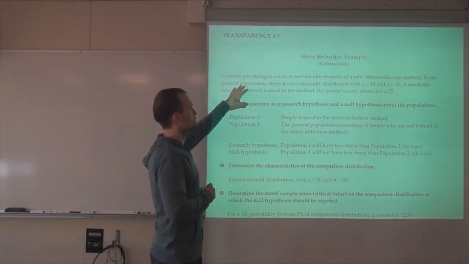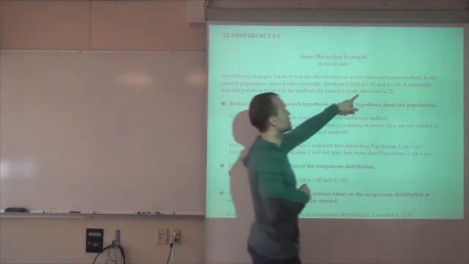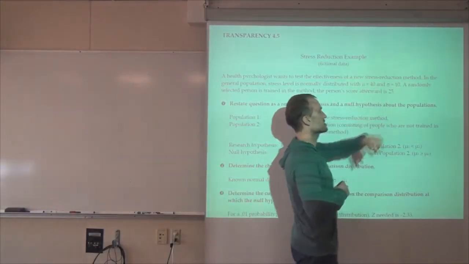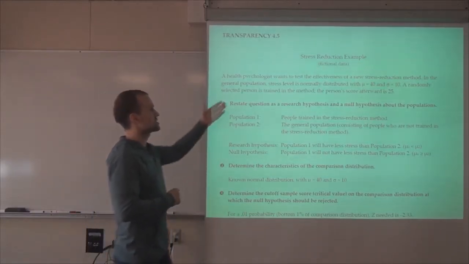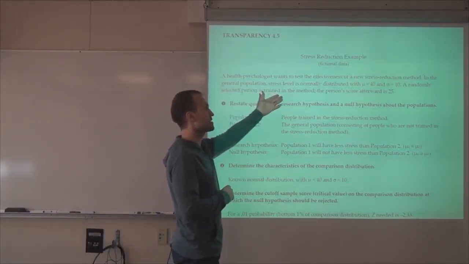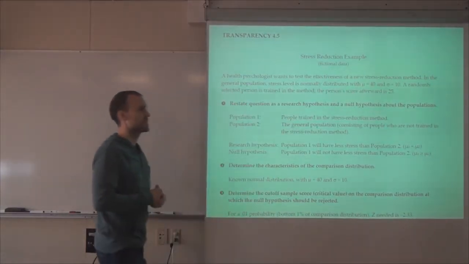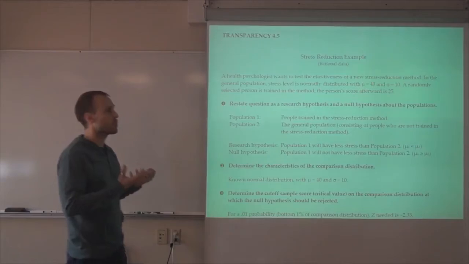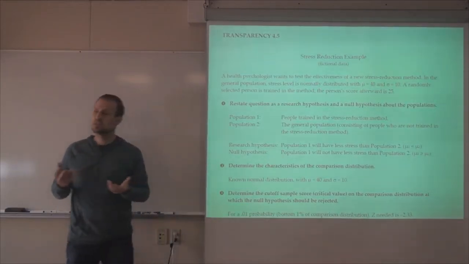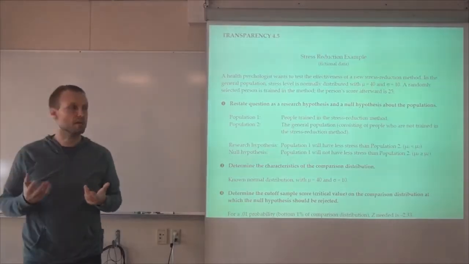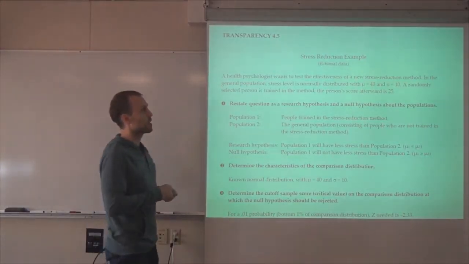We're comparing our general population, which has a stress level normally distributed with a mean of 40 and a standard deviation of 10. Now we randomly select a person to be trained in the method, and we find that that person's score is 25. So we have a sample of one person, and we're trying to see how that compares to the distribution of our population.